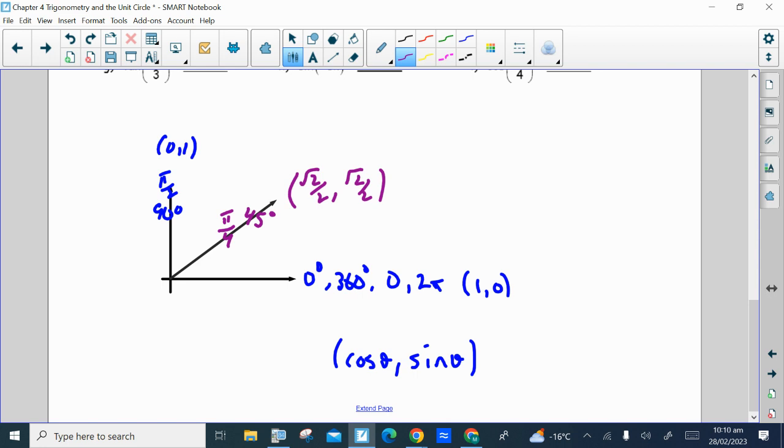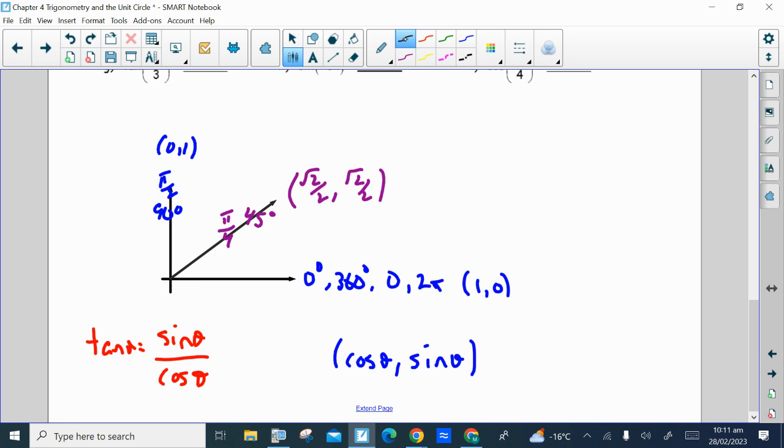And this again tells us that the cosine of 45 degrees, or pi on 4 radians, is root 2 over 2, and the sine is the same value. And then we said, okay, you can find the tangent of theta by using this trig identity that tangent equals sine over cos.